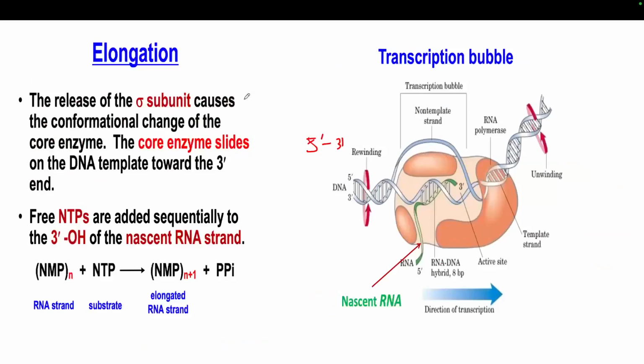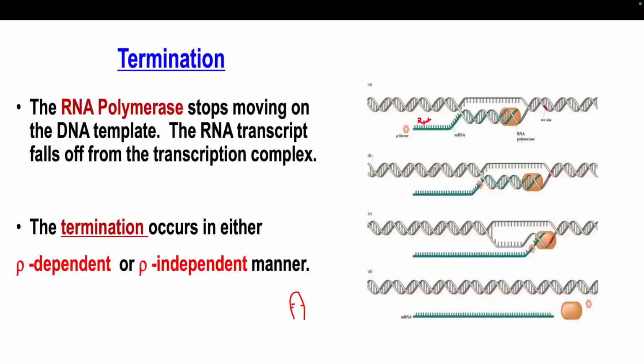Like that, the elongation will happen, and once the elongation is carried forward, one sequence will come, and here the termination will occur, where the rho factor binds with the rut sequence.